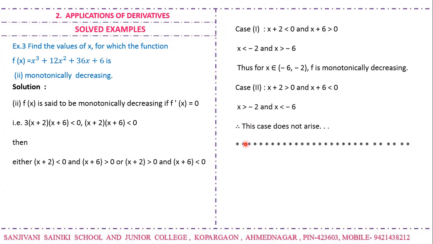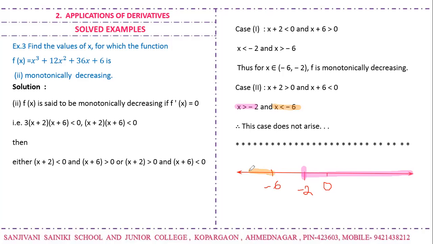Now take the second part. I will also show it in front of you. This is the real line. Here it is 0, here minus 2 and here minus 6. Look carefully. x is greater than minus 2, and the second inequality tells us that x is less than minus 6.